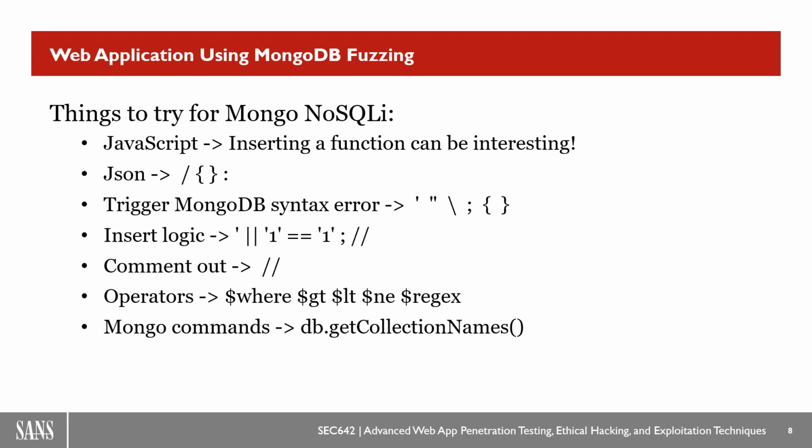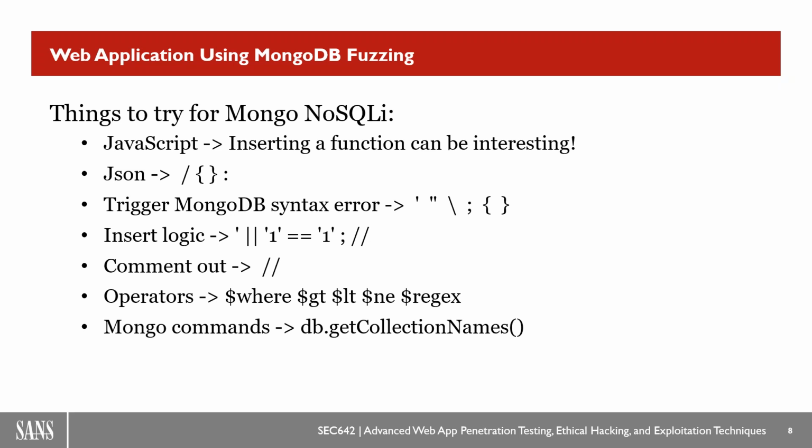Now, with SQL injection, meaning relational databases, those errors are mostly hidden from us, so we don't see them anymore, and we have blind SQL injection. In more modern NoSQL injection, we often, believe it or not, still see the errors. So we have JavaScript, we have JSON, we have attempts to introduce syntax errors where we might see the error response.